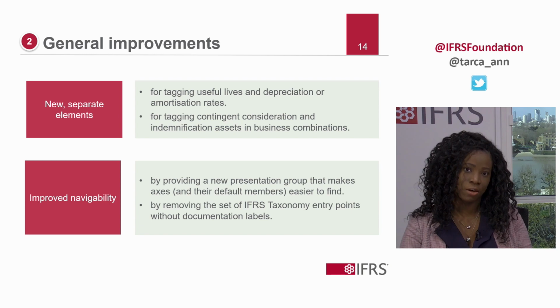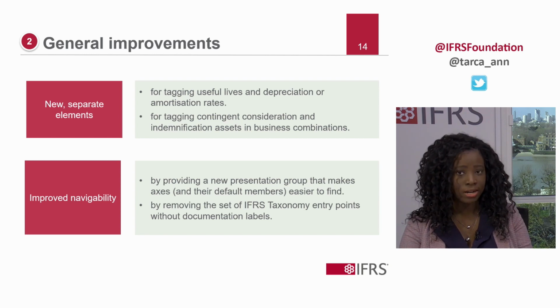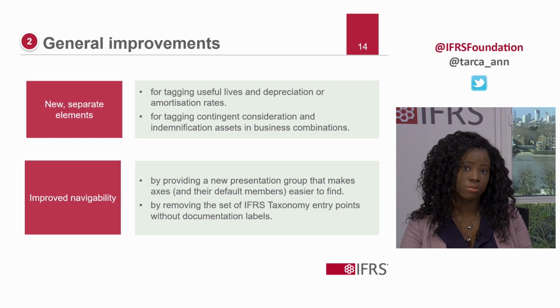The fourth set of improvements use new elements to tag 2 types of information required by IFRS standards. We added new and separate elements for useful lives and for depreciation or amortization rates. This is because even though useful lives and depreciation or amortization rates provide the same type of information to users, they cannot be compared directly.